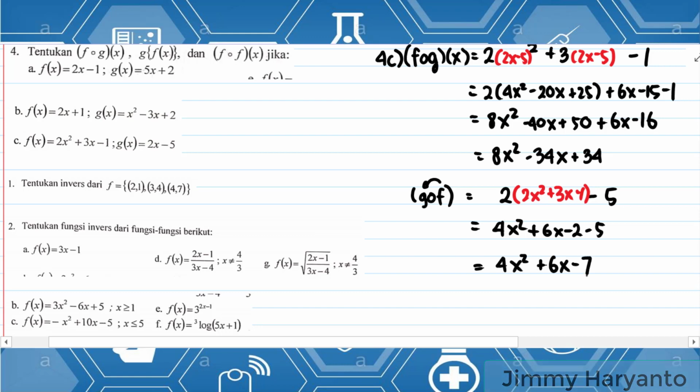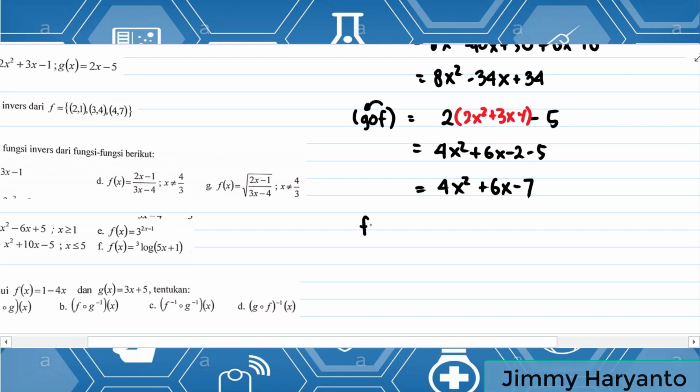And then the last one is FOF. The F is 2x squared plus 3x minus 1. Change the x into F again, so it will be 2x squared plus 3x minus 1, 2x squared plus 3x minus 1.